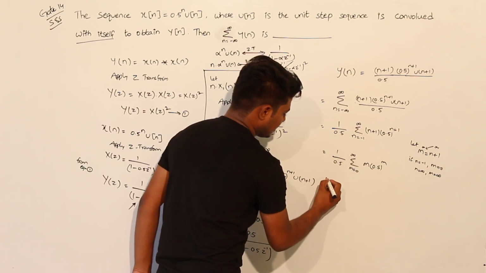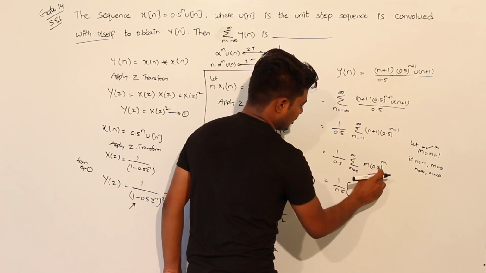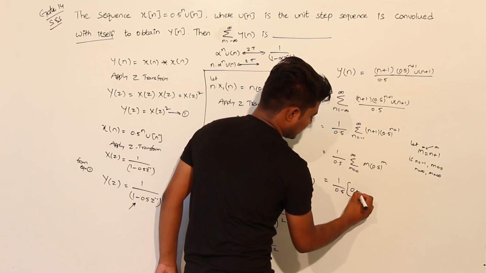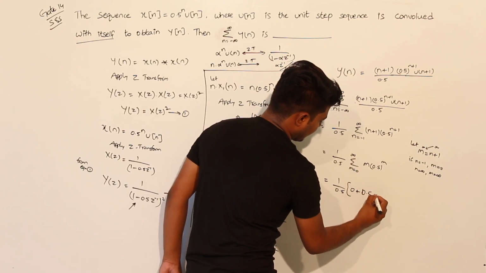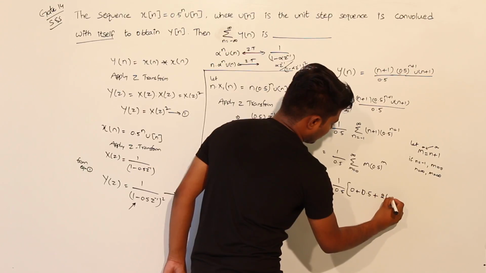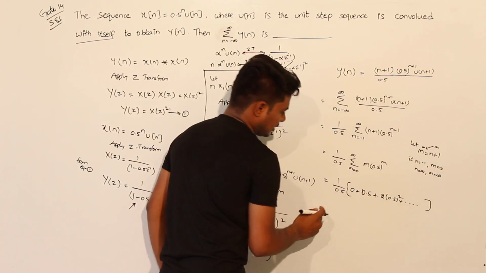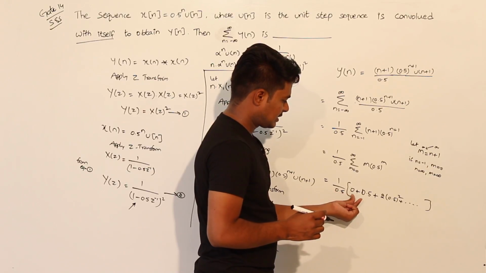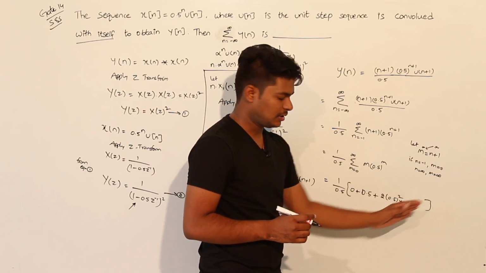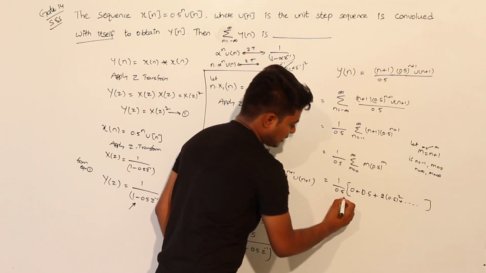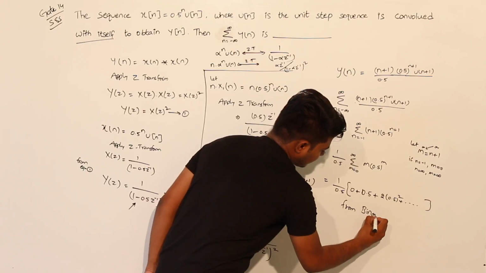If you expand this, it will become 0 into something is 0, plus 1 into 0.5, that is 0.5, plus 2 into 0.5 whole square, and so on. This is in the form of x plus 2x square plus 3x cube and so on. This is like the binomial expansion.